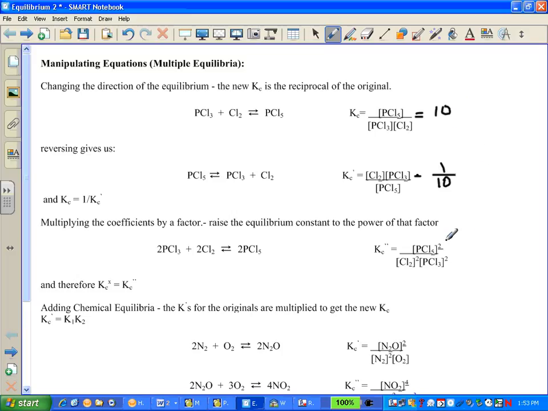Another manipulation that we can do is to multiply a reaction by some coefficient.